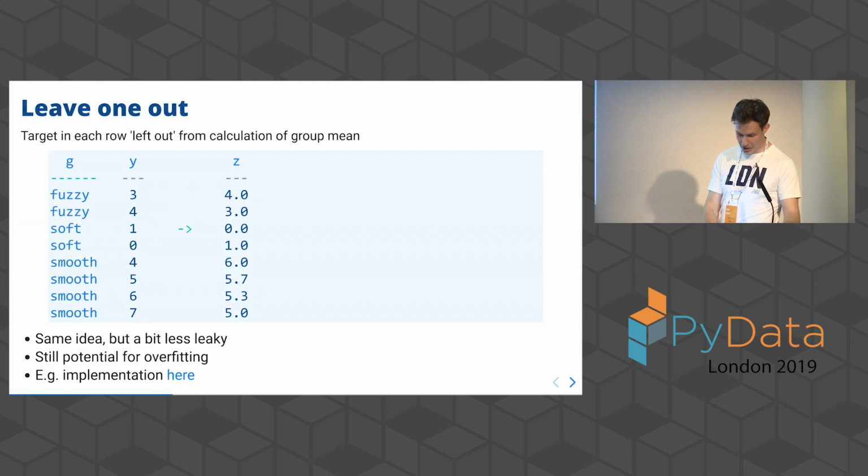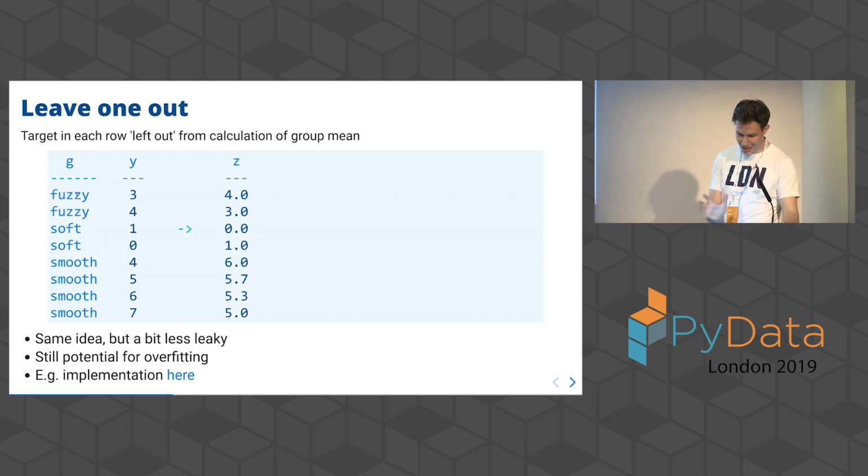So instead of target encoding, what can we do? Leave one out is a next step. It's similar: you're calculating group means, but you leave each row itself out from the calculation.